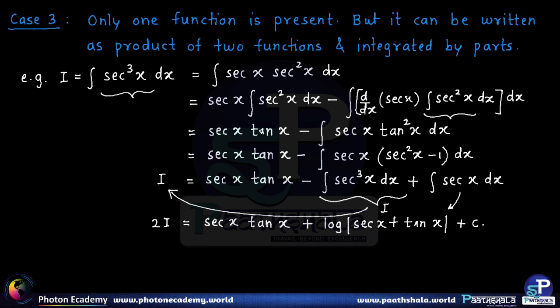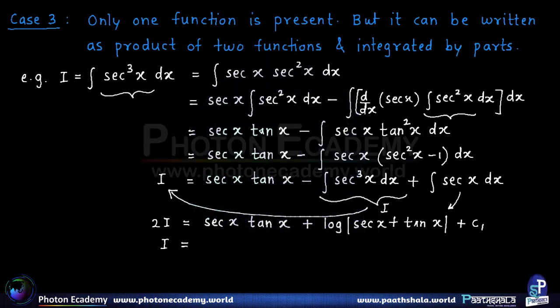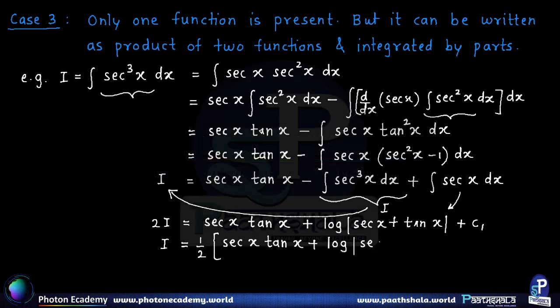Plus, if you want, we can write it as say c1, and finally let's divide both sides by 2, so we will get half into bracket sec x tan x, which is the first term unchanged, plus log of mod of sec x plus tan x, and the constant c1 by 2 we can term it as a new constant c.